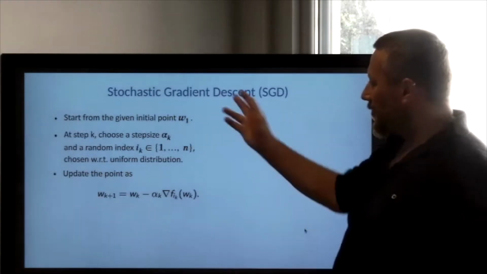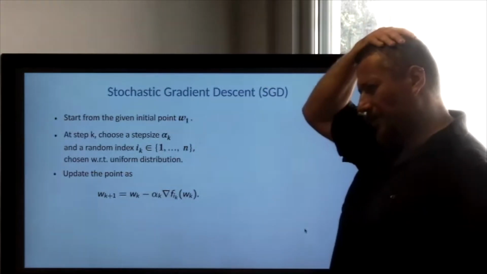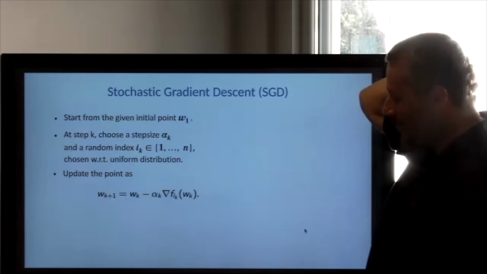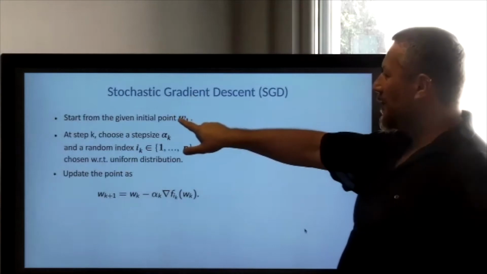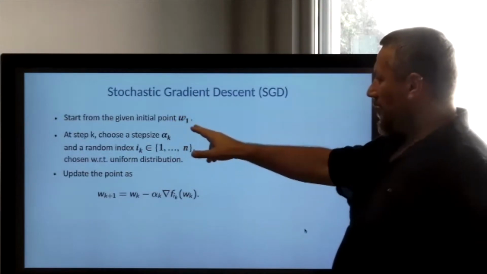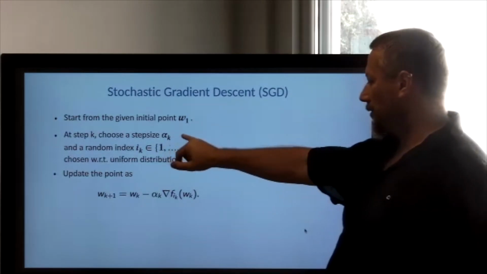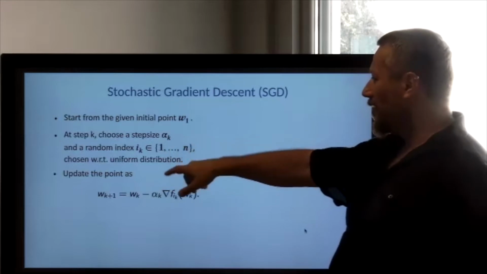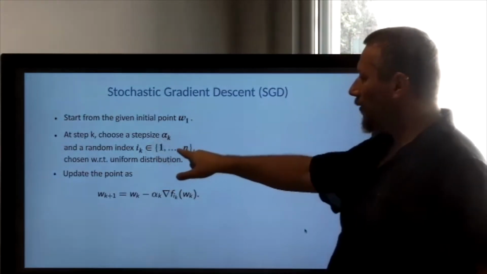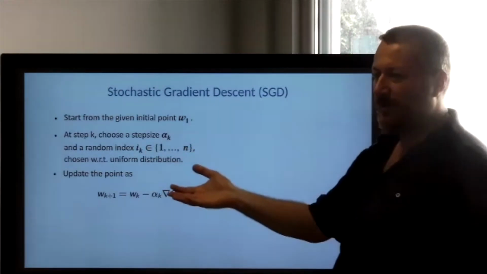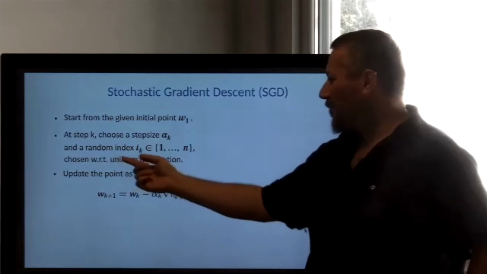So here's stochastic gradient descent. I think it was first introduced around 1958, but I forgot the name of who introduced it, sorry. I can give it tomorrow. Okay, we start from an initial point, omega 1, and then at each step, again, we are going to choose a step size. Cannot get rid of that. But instead of calculating the gradient for all the data points, I'm going to choose only one data point from my training set randomly, with respect to the uniform distribution.